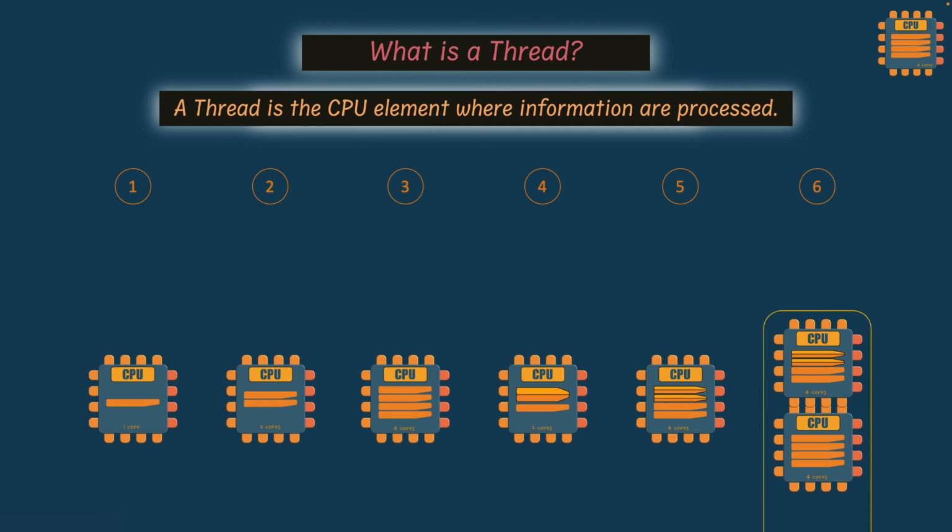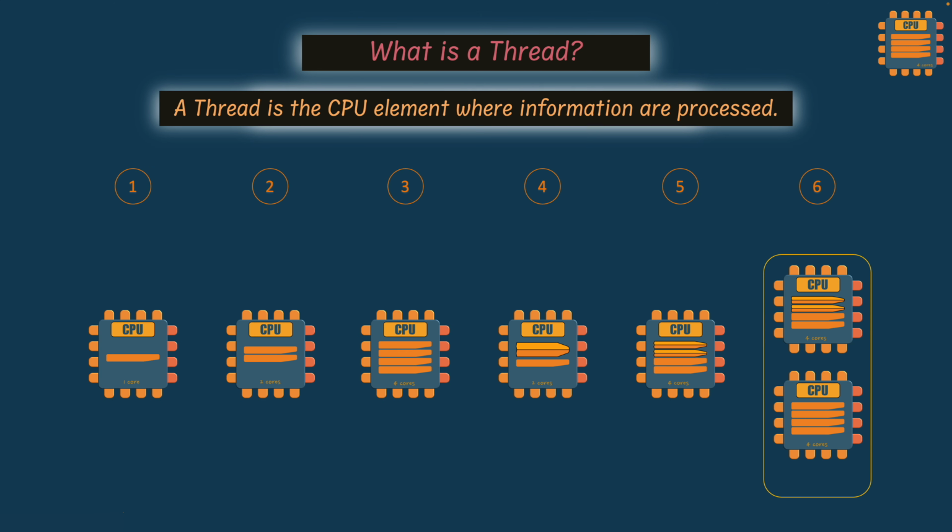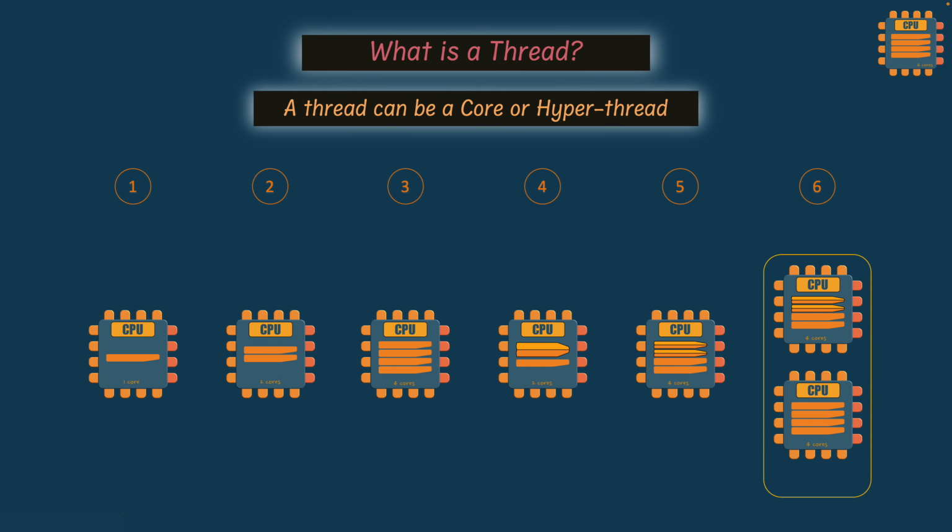Now, let's enhance our understanding of CPU threads. As mentioned earlier, a thread can be a single physical core or hyperthread. It is a more general word regardless of the underlying core build. In the first image, we have a CPU with a single physical core.